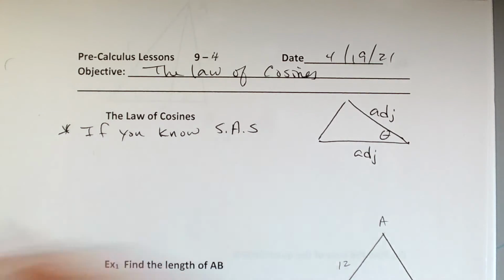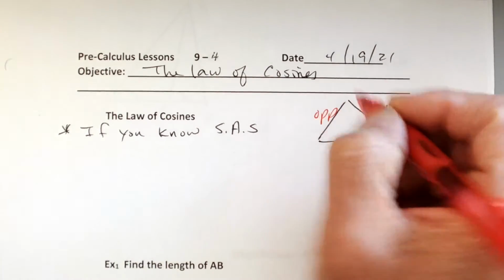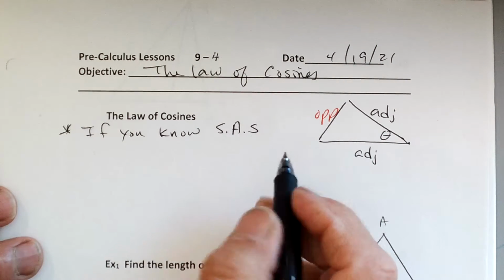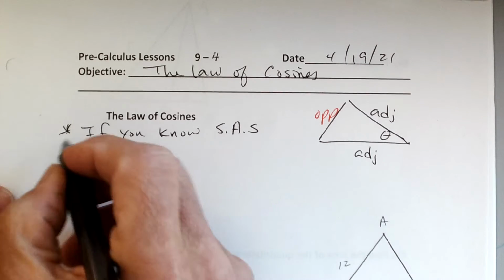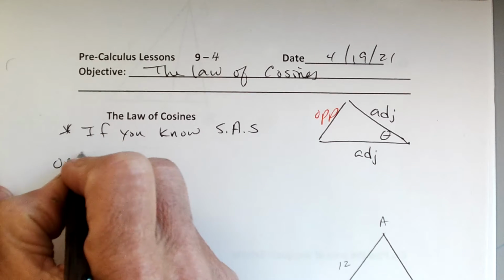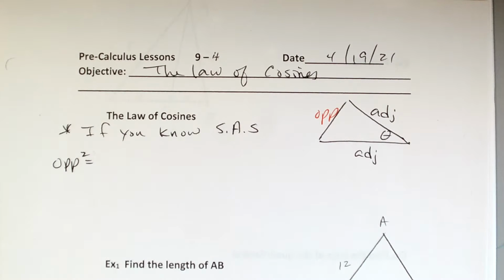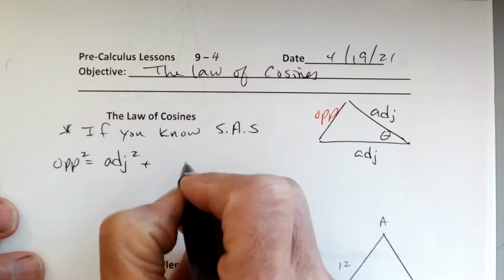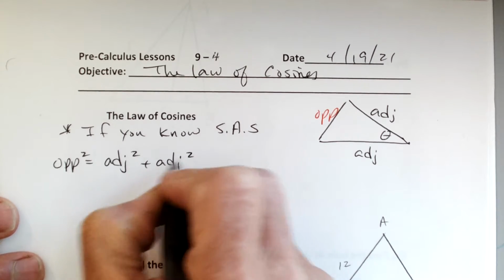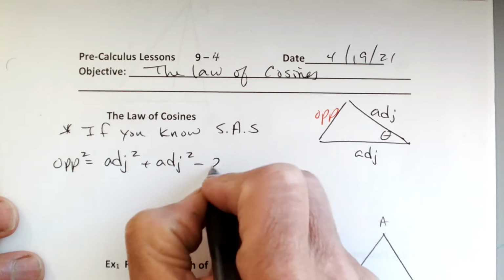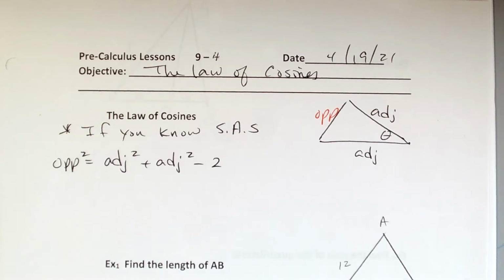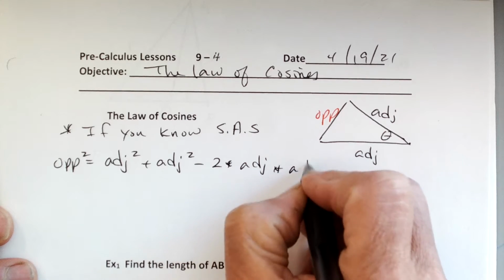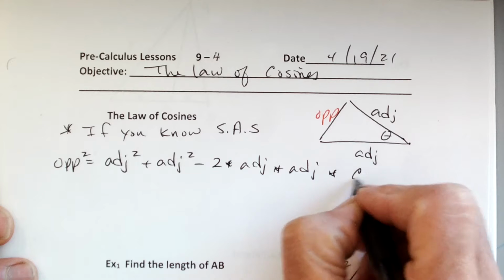Now we can find an opposite by the law of cosines. If you know side, angle, side, the law of cosines says this: opposite squared is equal to my adjacent squared plus my other adjacent squared minus 2, and 2 is always in the formula, 2 times my adjacent times my other adjacent times the cosine of theta.